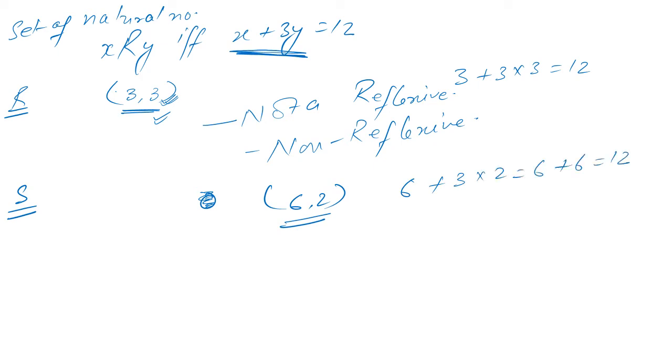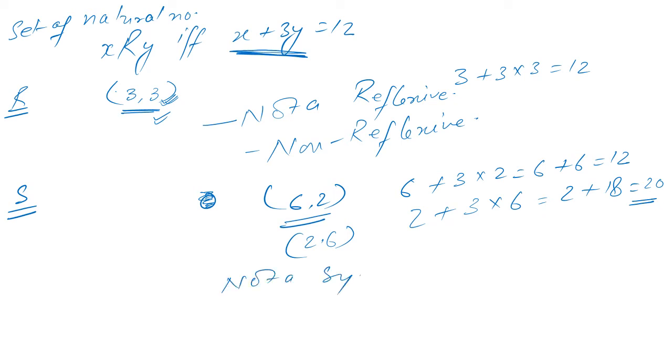Now let us check whether the reverse is also true or not. If I take the 2, 6 pair, it becomes 2 plus 3 multiplied by 6, that is 2 plus 18, which becomes 20. So it is not a symmetric relation. But this will not be an asymmetric relation also. Why? Because we know that the 3, 3 pair is there.